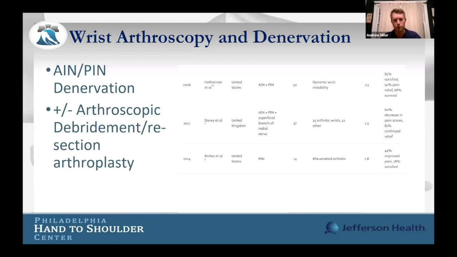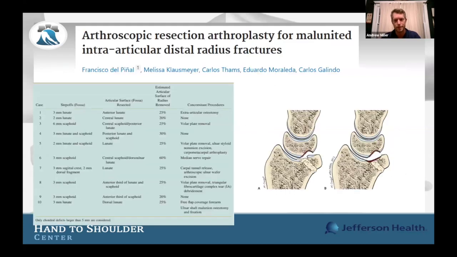Now, this can be combined with arthroscopic debridement and synovectomies, and even resection arthroplasties that Dr. Penal over in Spain has popularized, where he's trying to preserve that secondary congruence, but really contour and smooth out some of those articular step-offs in order to better allow for that radiocarpal articulation without that impaction, without that impingement and that advanced wear and tear.